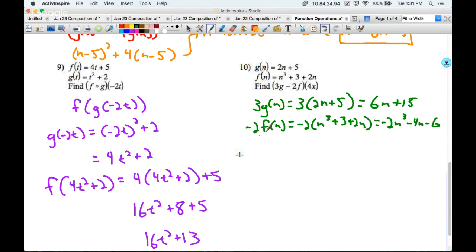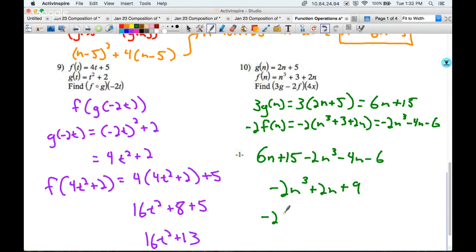I already put the negative in here, so I can just add these two together. And so now I've got 6n plus 15 minus 2n cubed minus 4n minus 6. We'll get that into standard form. And what do we got? Plus 9. And now I'm going to replace the n's with 4x's.